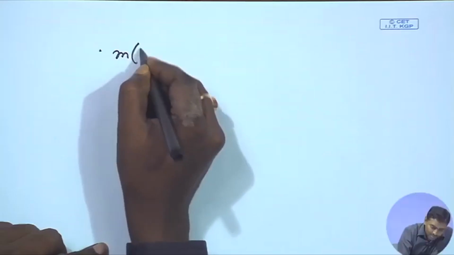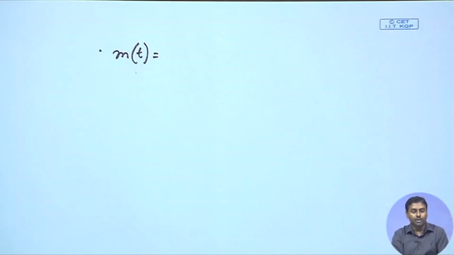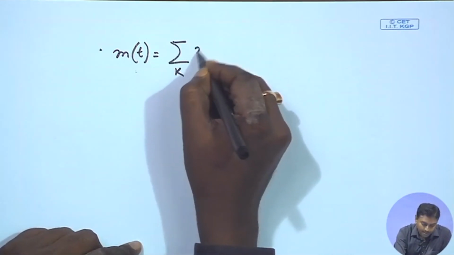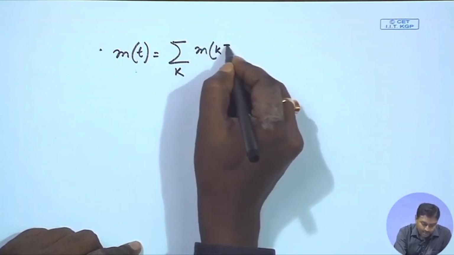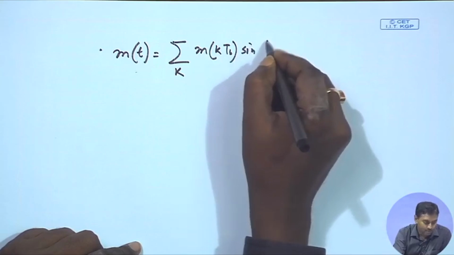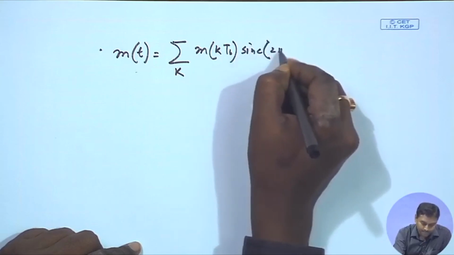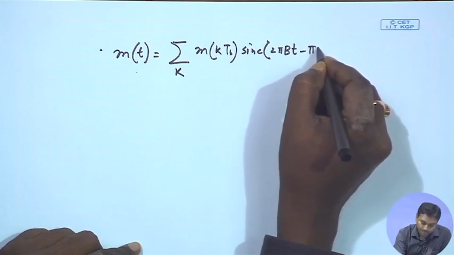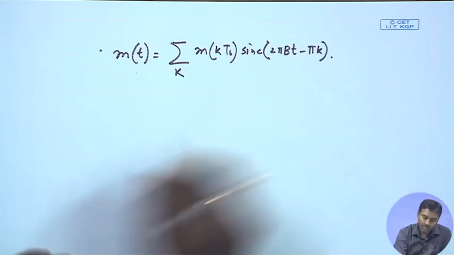So, let us see my message, how it was. We had this interpolation relationship which tells me that this is nothing but samples taken at particular instants and represented by a corresponding sinc function.